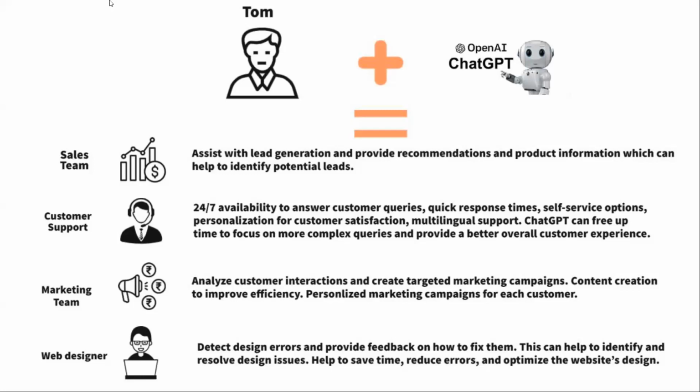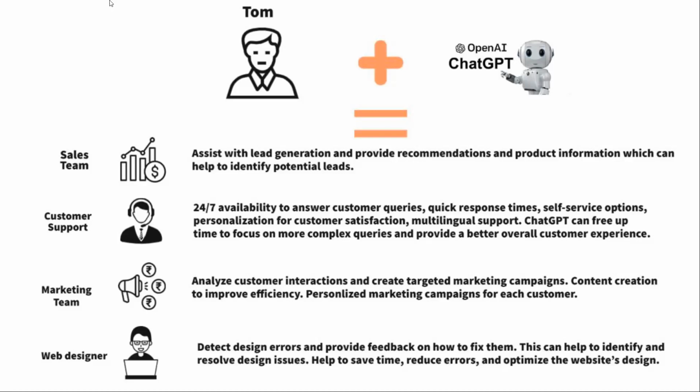Imagine I want to interact with Tom's system, and if he's in Ghana, he should be maybe preparing to sleep. But ChatGPT has availability 24/7 to answer customer queries. It has a quick response time, and this frees up time to focus on complex queries.